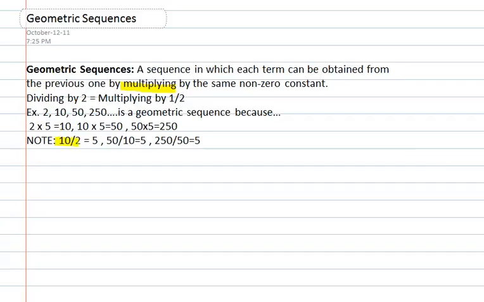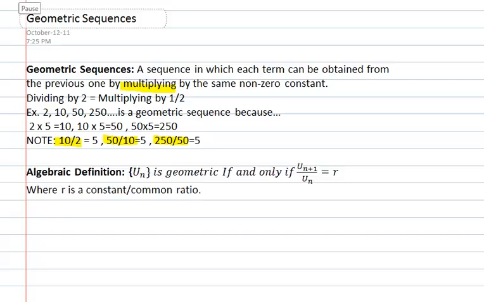Then you have 50 and 10, then 250 and 50. Each one of those produces an identical ratio, even if you turn the numbers the other way around. So the ratio of term 2 divided by term 1 gives you a common ratio. In this case, it's 5.